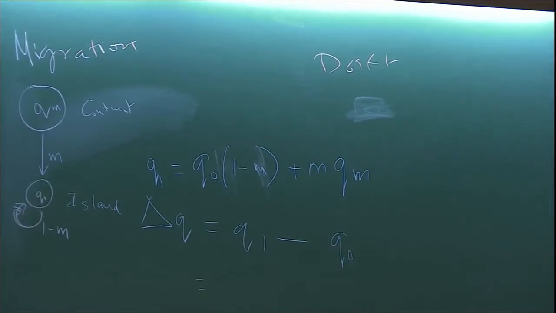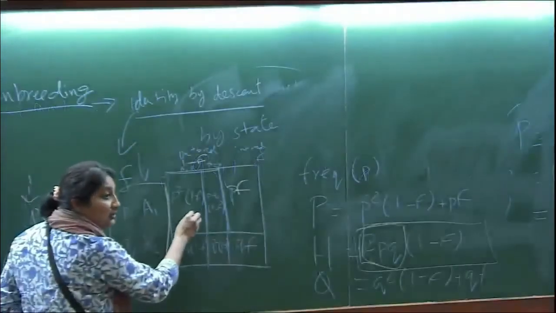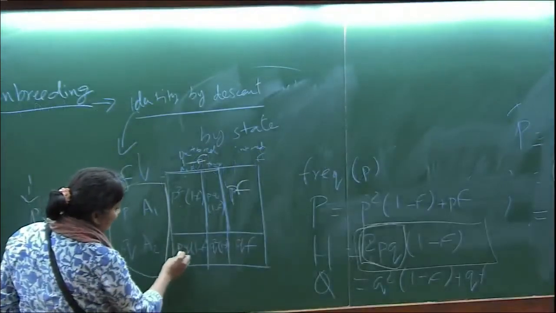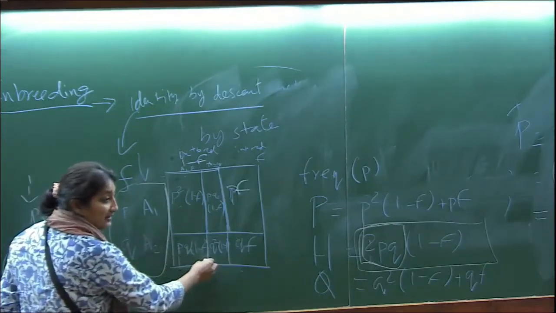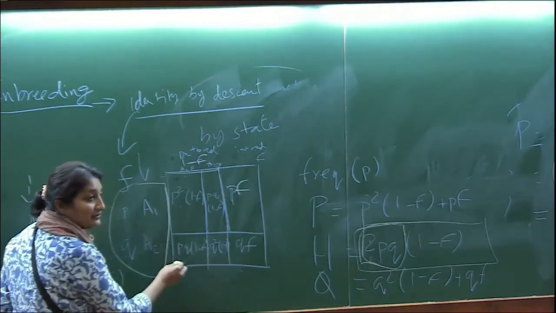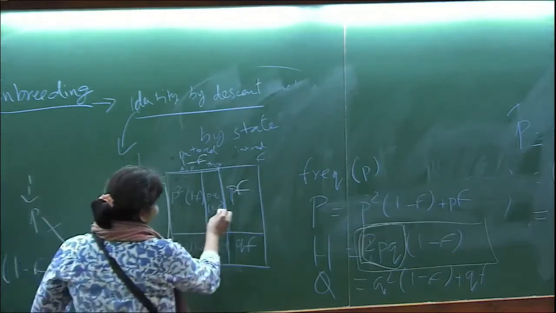So the probability of pulling an A1 that is outbred is P into 1 minus F. You've pulled first a P and then another P, so P square into 1 minus F. Similarly here, you pulled a P, you pulled a Q which is outbred, so P into Q into 1 minus F. This is the same as this.